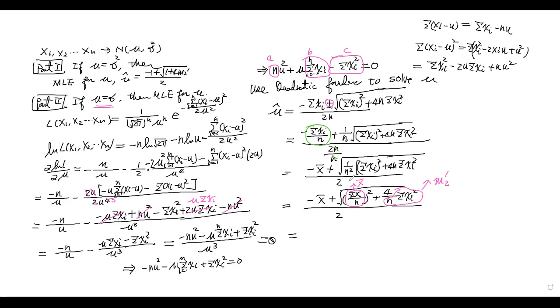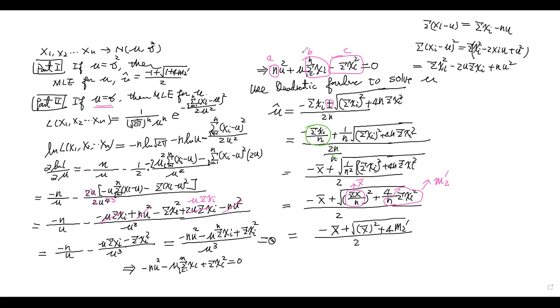So my final answer is 1 over 2 times negative x bar plus the square root of x bar squared plus 4 m2 prime.